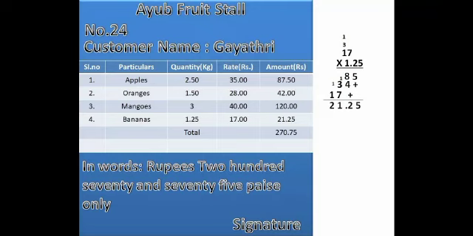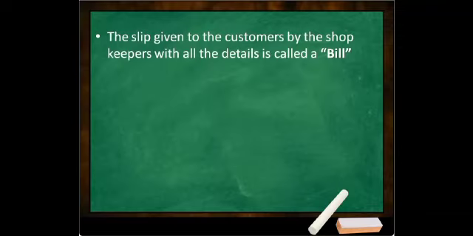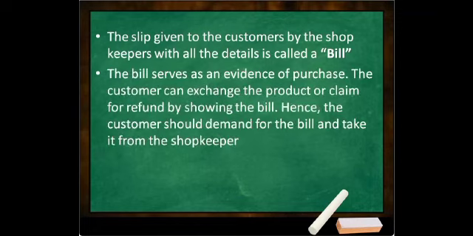Now in these two examples, what did you notice? Now why should you take the bill? Okay, the slip which is given. What is a bill now? The slip which is given to the customer by the shopkeeper with all the details is called a bill. Now, the bill what you get is the evidence of what you have purchased.